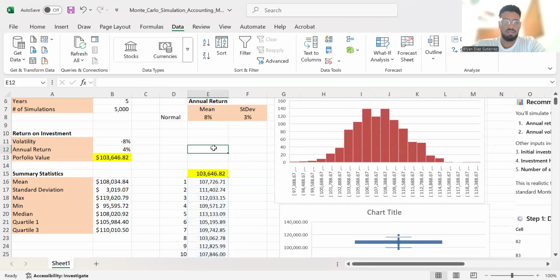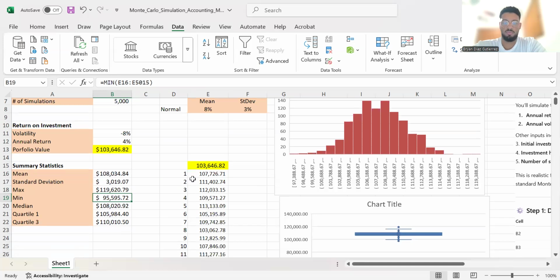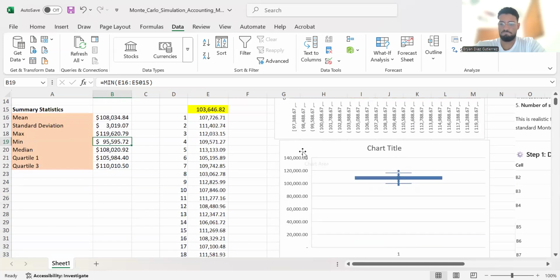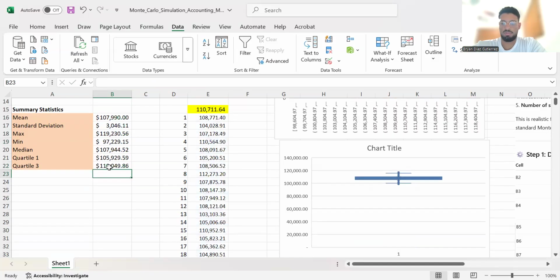And it gives me a mean of 108,000. This is the formula that I use. Standard deviation, this is it. The max and minimum come from the one-way data table, and then the median, which was used to make this box plot, which I'm going to see if I can change so it looks better.